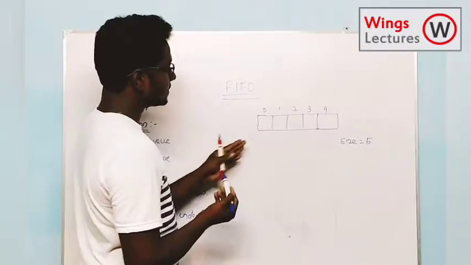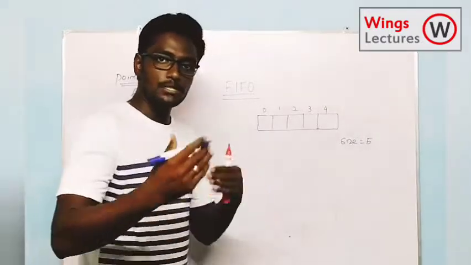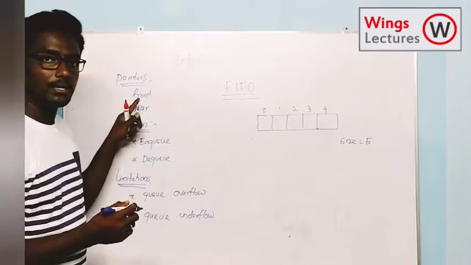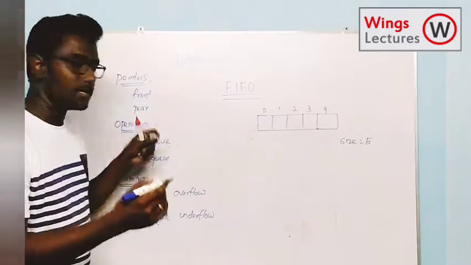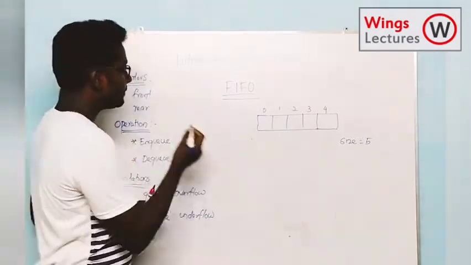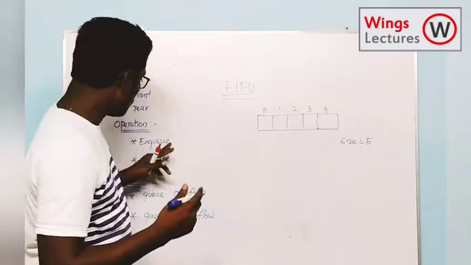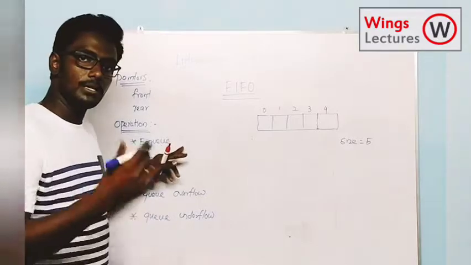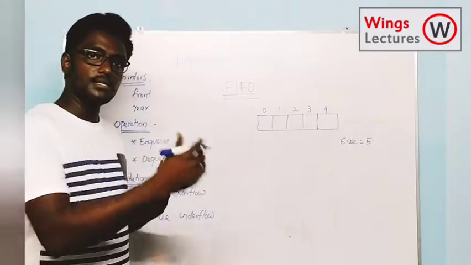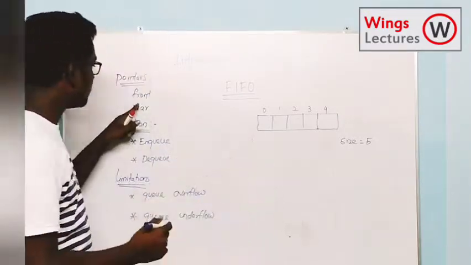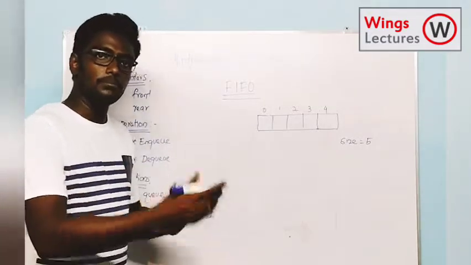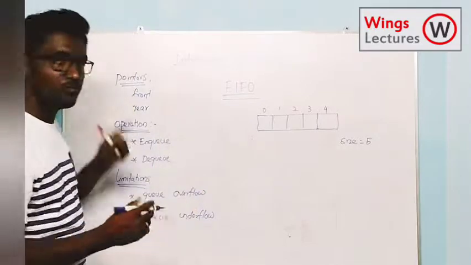Now let us consider this example. Let me explain with pointers: the front pointer and the rear pointer. For performing these two operations, when we try to perform enqueue, which is nothing but insertion, inserting a data into the queue, we are going to use the rear pointer, and when we try to delete a data from the queue, we are going to use the front pointer.